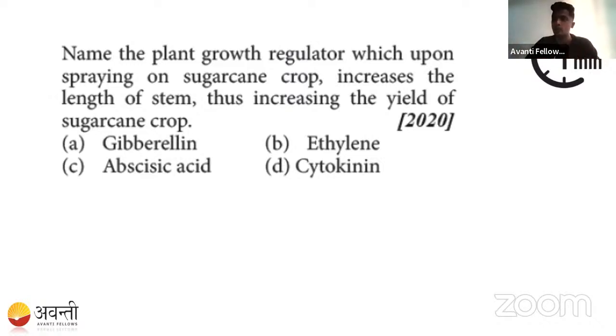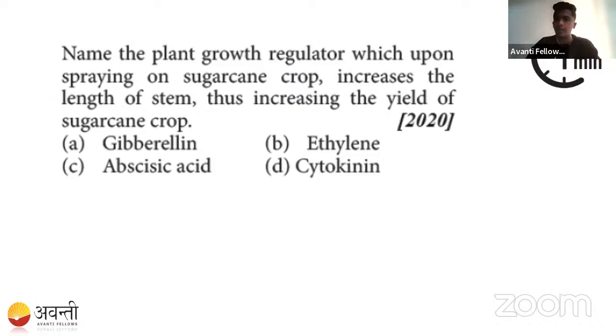Abscisic acid is also responsible for elongation of the stem and axial growth of the stem and leaves. When you talk about cytokinins, the elongation of the root structures and the apical dominance, it's all promoted by cytokinin.